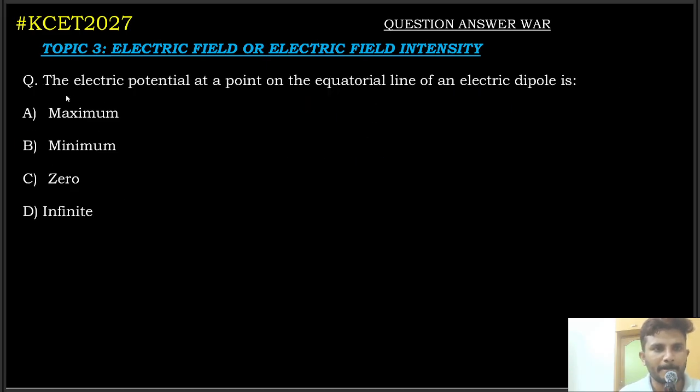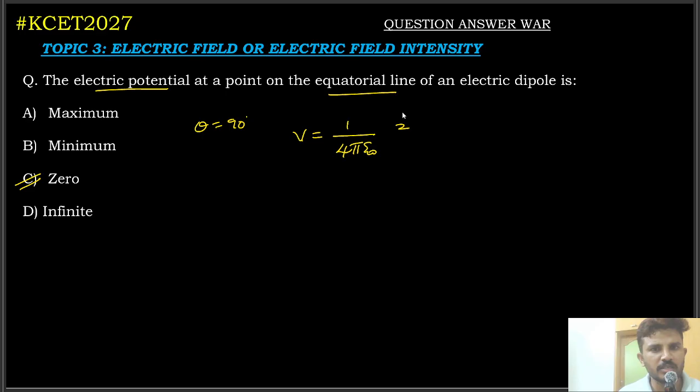The electric potential at a point on the equatorial line of the dipole is 0, because theta will be 90 degrees. Electric potential due to dipole is given by 1 by 4 pi epsilon naught, P cos theta divided by r square.